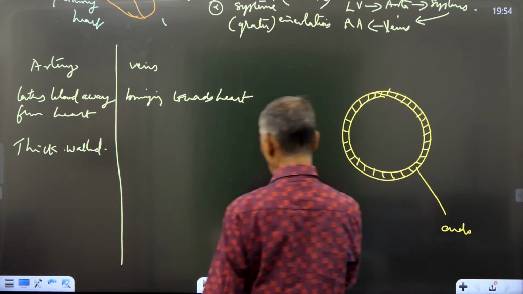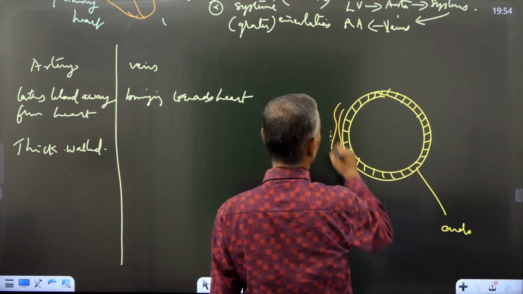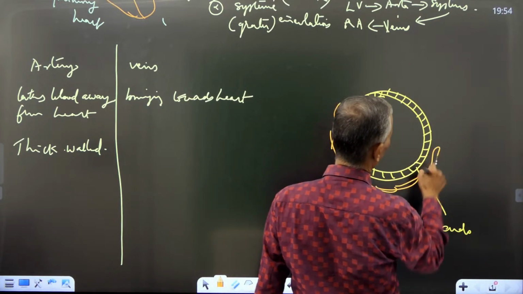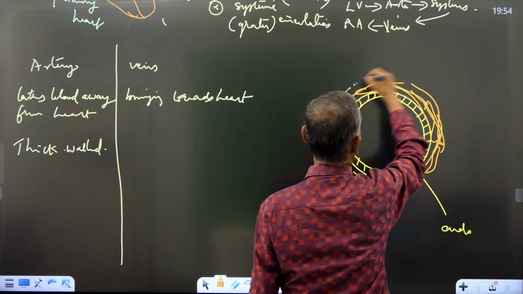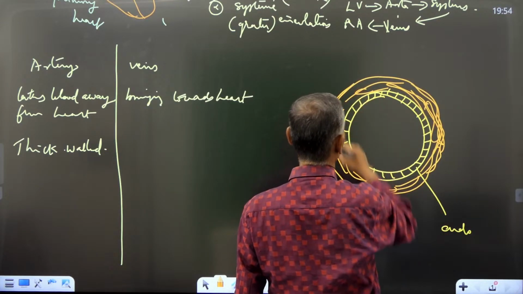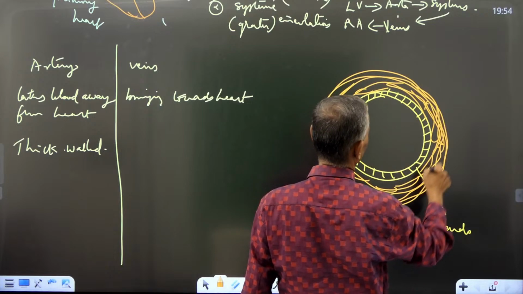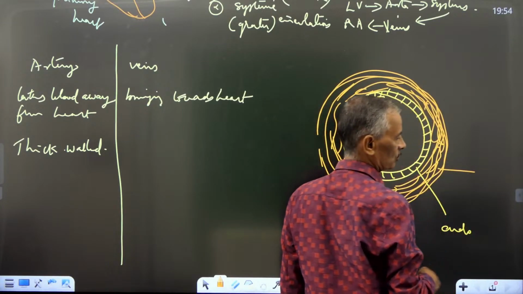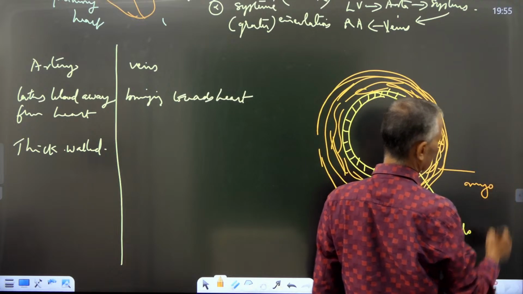Then outer to that you are having smooth muscles, involuntary muscles. These involuntary muscles are forming a thick layer. So this is the myotelium.